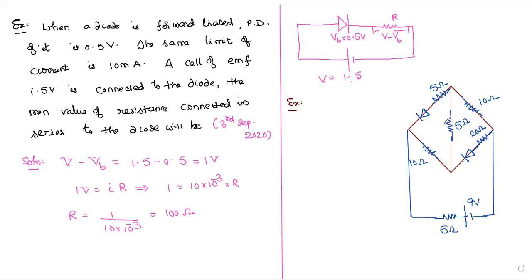Then he is asking what is the current through the circuit. He gave this I. Simple, in the question he gave this circuit and he asked for the current I in the network.